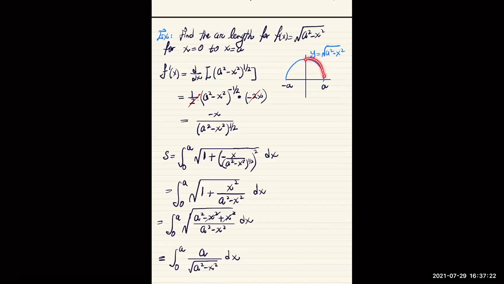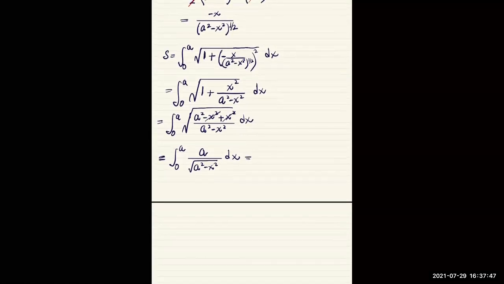I'm just gonna erase half of it. Since we want the integral from 0 to a, that's just a quarter of the circumference of the circle.